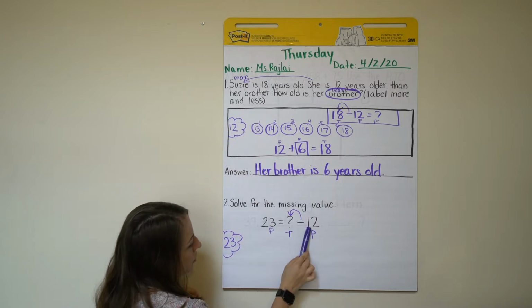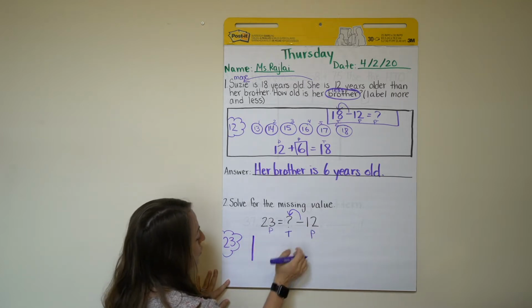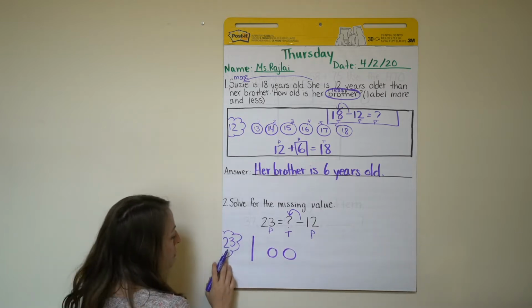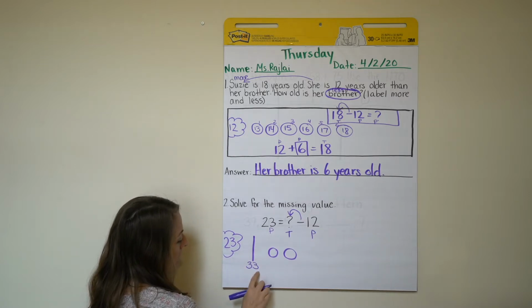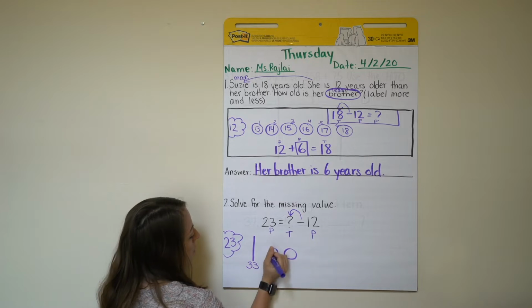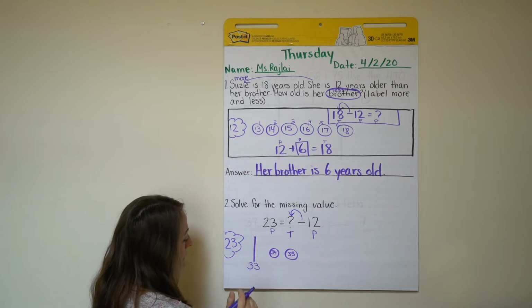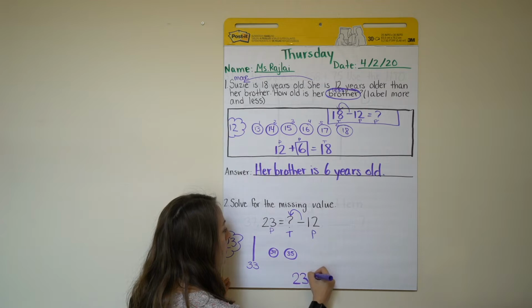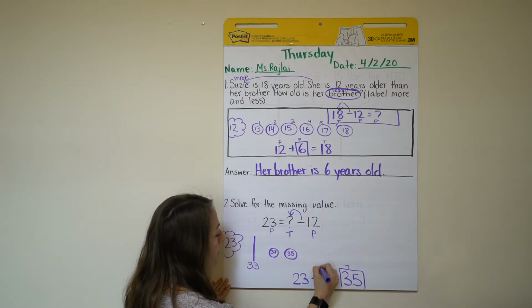I'm going to represent the 12 with 1 ten stick and then 2 ones. If I add 10 more to 23, I'm going to get to 33. And now I'm going to add to my ones place, so 34, 35. Okay, now I can write a number sentence to match this work. 23 plus 12 equals 35, which was our missing total.